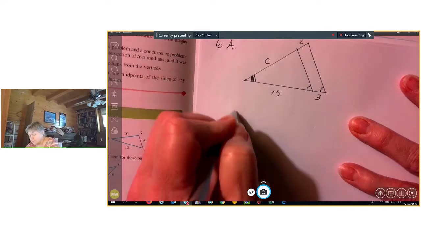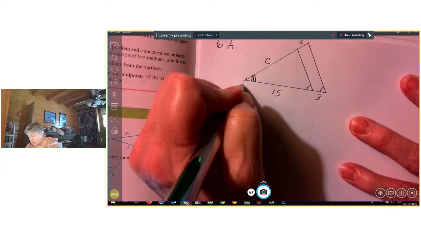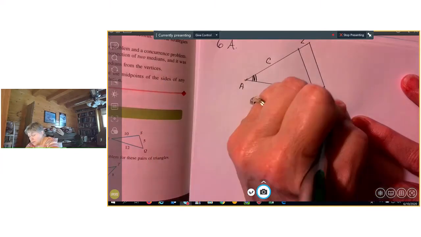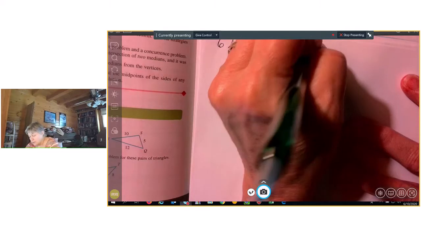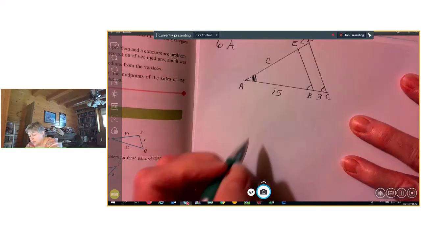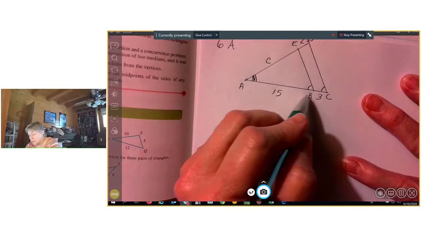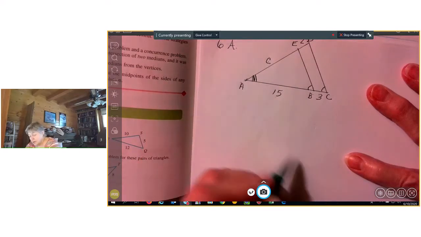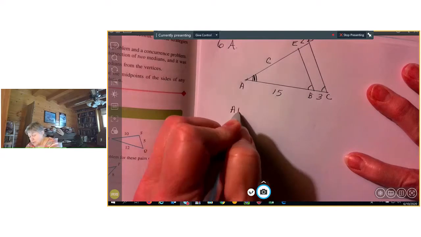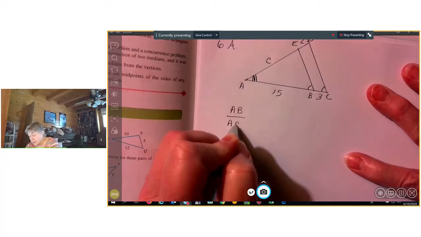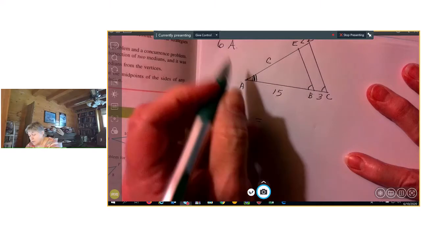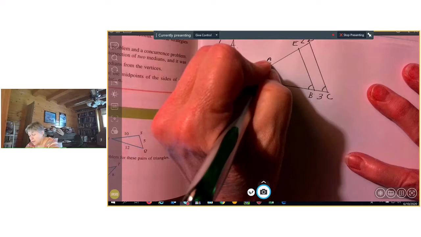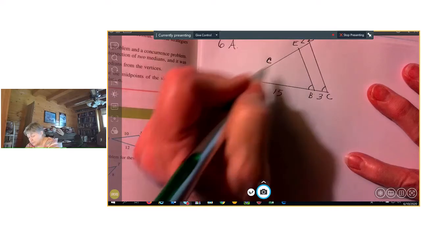So let's say that we label this A, B, C, D, E. So we know that AB is in proportion to AC, and that is in proportion to, this is a little c, AE over AD.